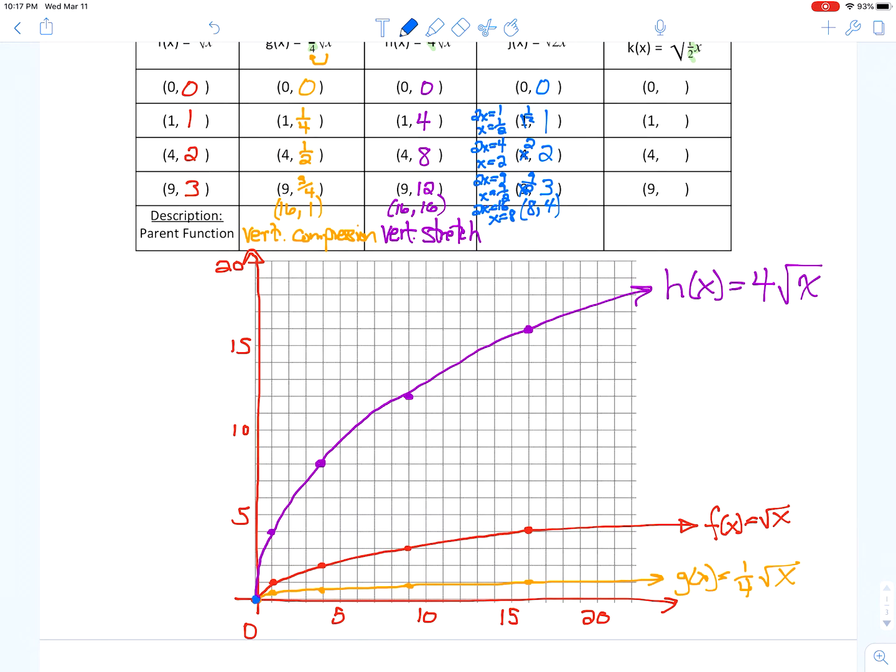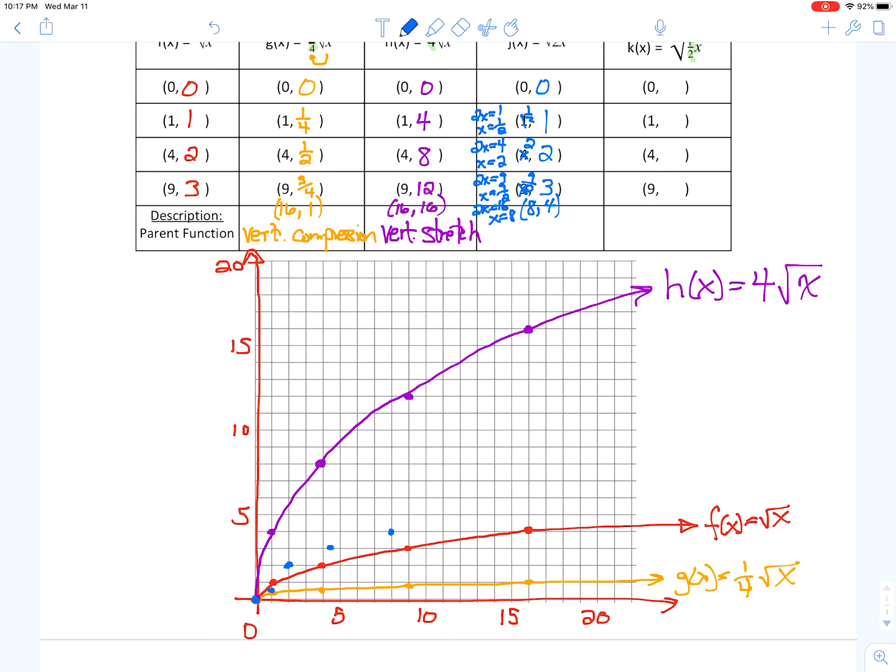0, 0, 1/2, 1, 2, 2, 9/2, 3, 8, 9/2. Sorry, that's 4.5, 3, and 8, 4.